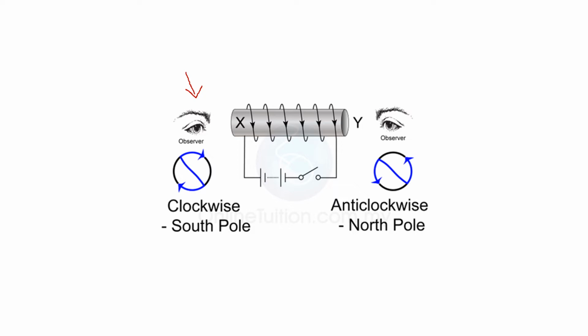Clockwise means it's a south pole. The observer at the right hand side sees that the direction of current flow is anti-clockwise. So anti-clockwise means it's a north pole.